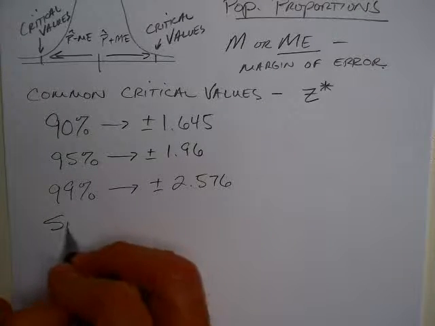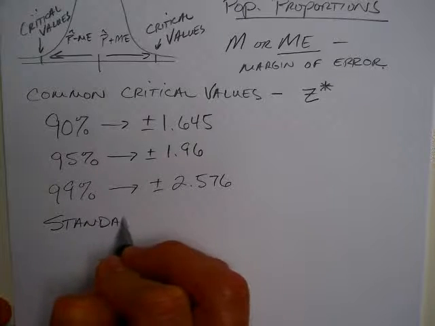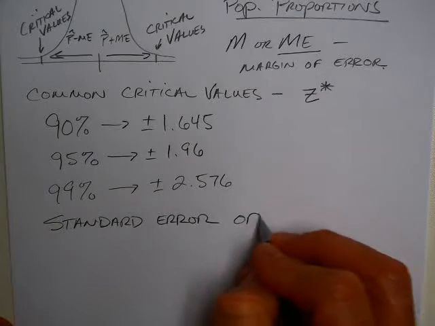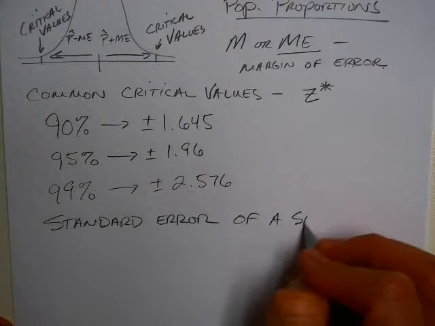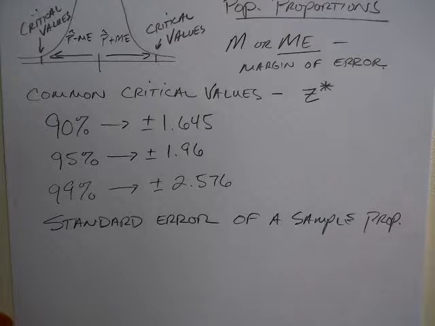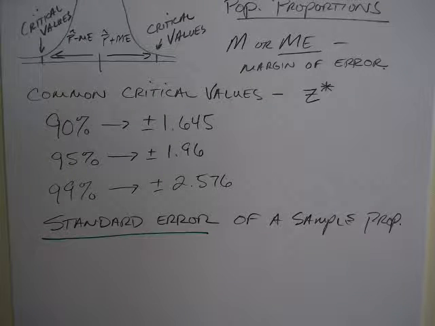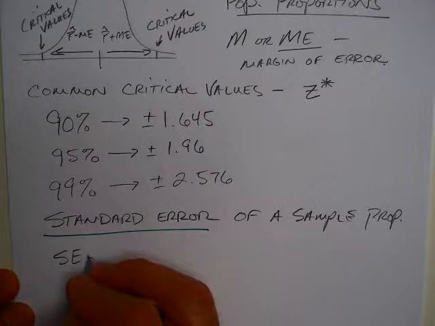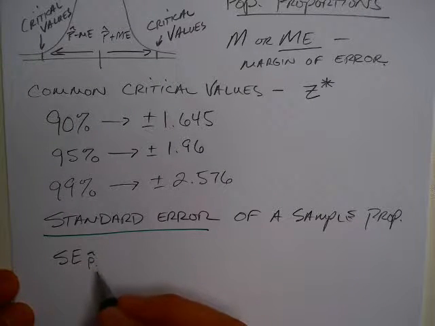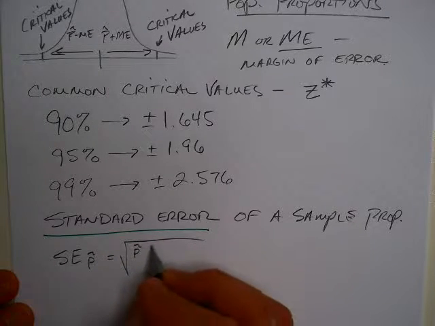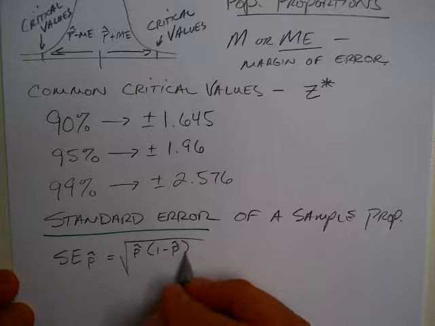So now we have something called standard error of a sample proportion. We say SE of p hat. So instead of sigma p hat, it's standard error of p hat. And it's going to look pretty similar. It's p hat times 1 minus p hat all over n.